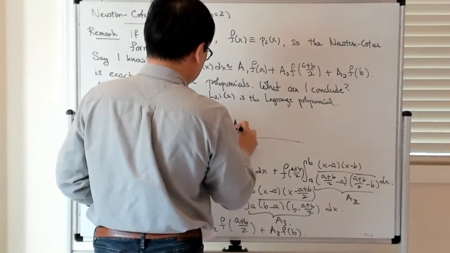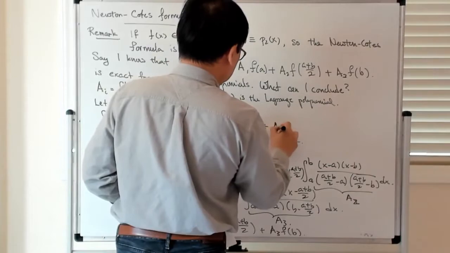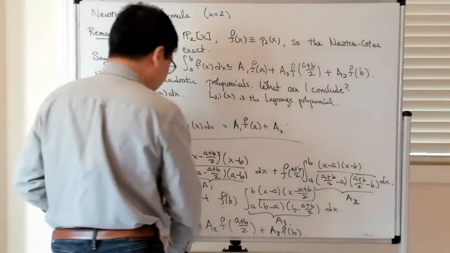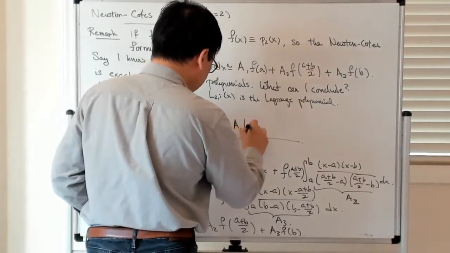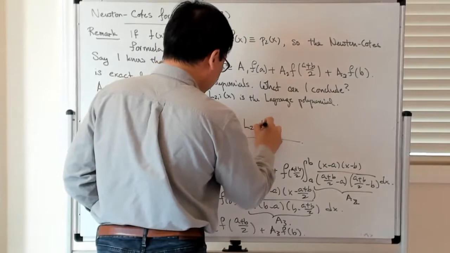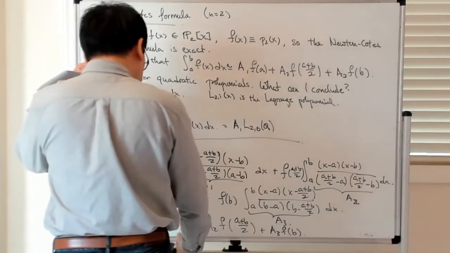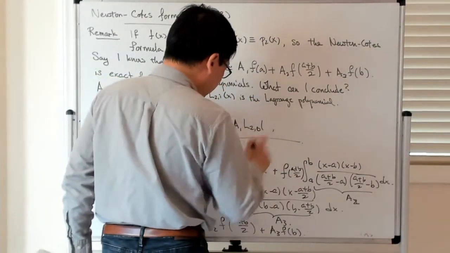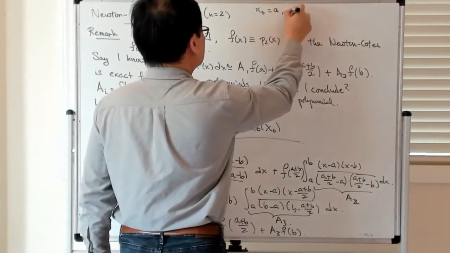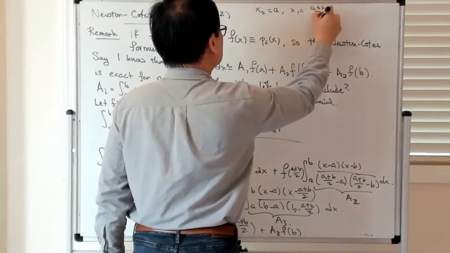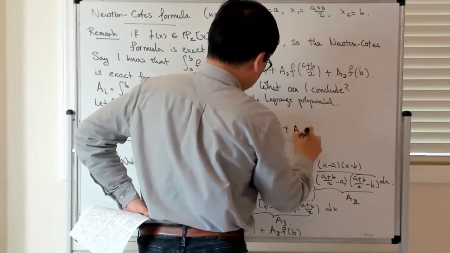So this is going to be equal to a1 f at a plus a2. Well, sorry, it's not f. Maybe let me change the notation a bit. I'll call this L20 at x0, where x0 is equal to a, x1 is equal to a plus b over 2, and x2 is equal to b.